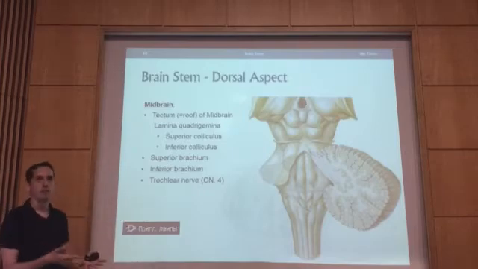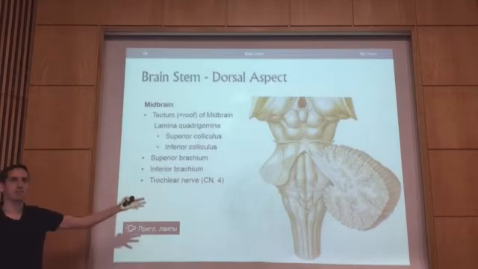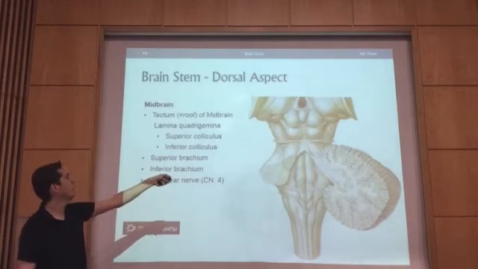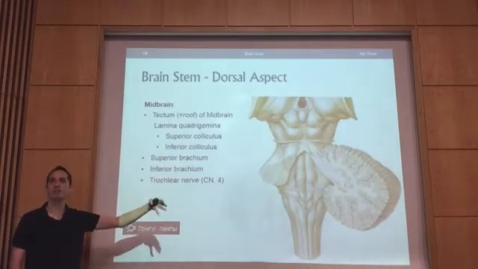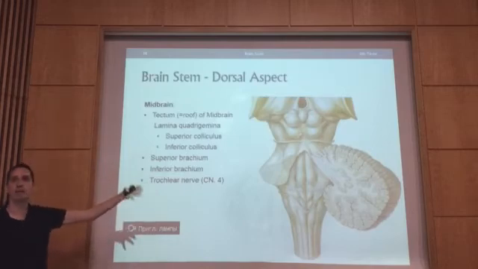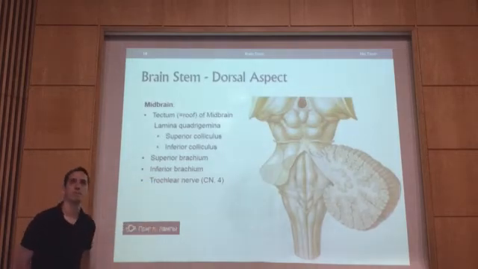On the back, the posterior, the dorsal side of the midbrain, is the lamina or plate quadrigemina, or the tectum, the roof of the midbrain. Four colliculi: two superior colliculi and two inferior.